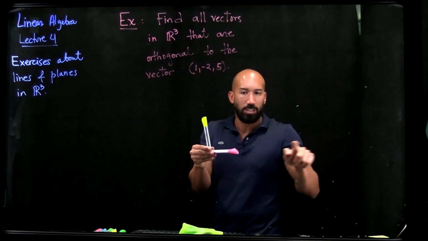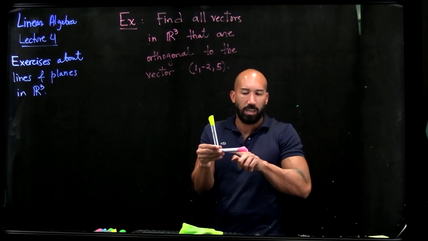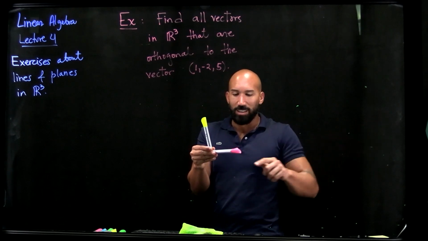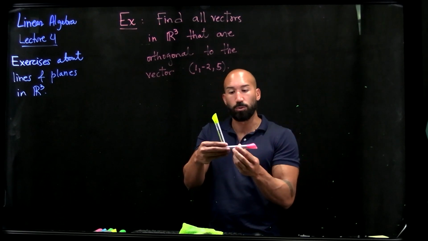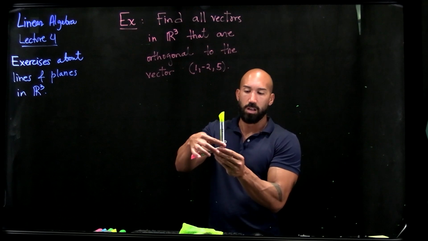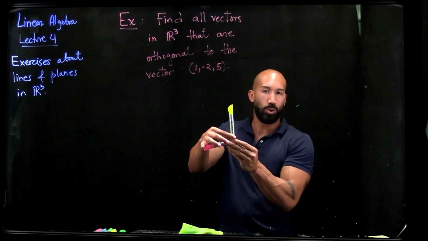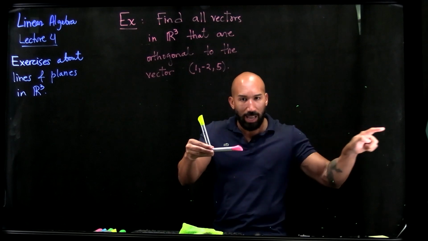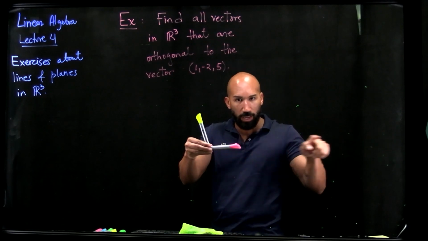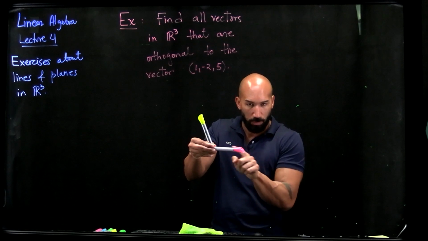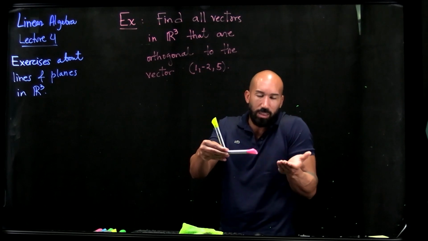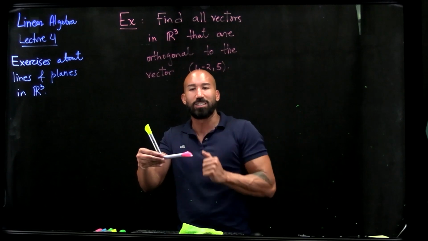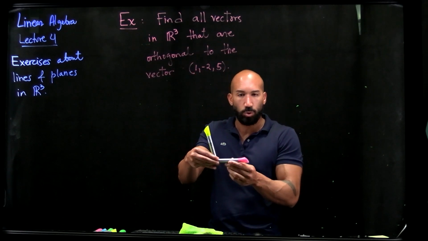If that scalar is positive, it generates a ray here. If that scalar is negative, we go in the opposite direction. So the whole line that vector generates, the line passing through the origin and containing this vector, is a solution to this problem.